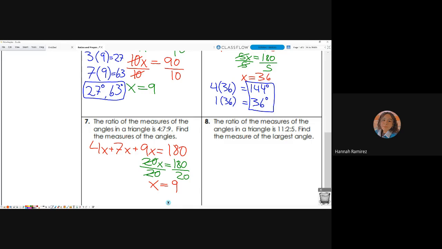I had to multiply like 4 times 9 and 7 times 9. Yeah. So you put 4, 4, and then 4, and then right here you would put, well, what is your x? 9. Okay. So 9, 9, 9.